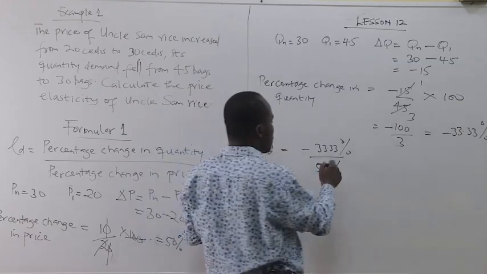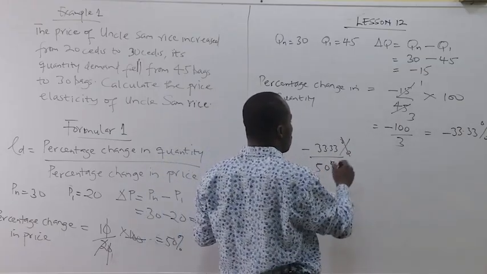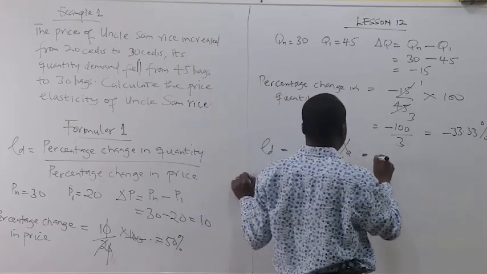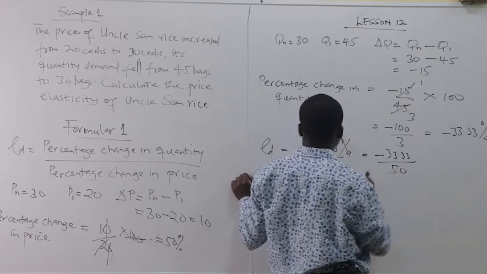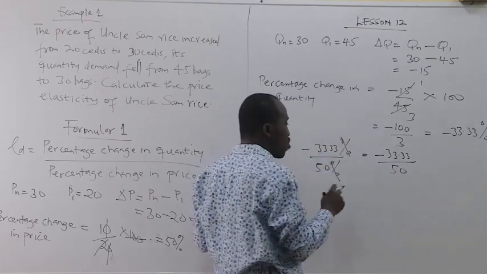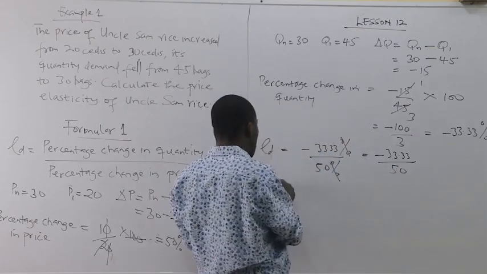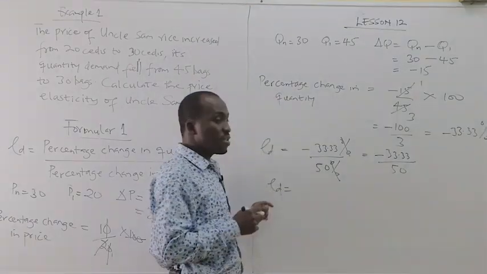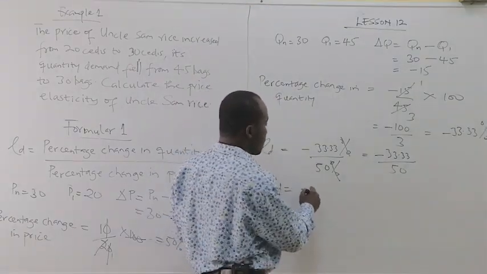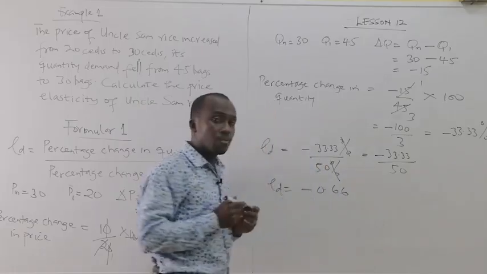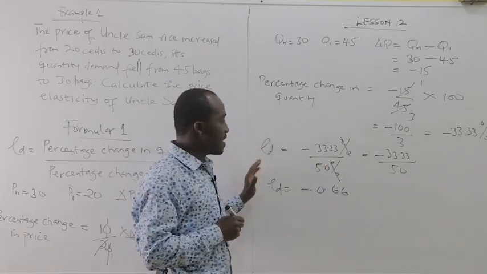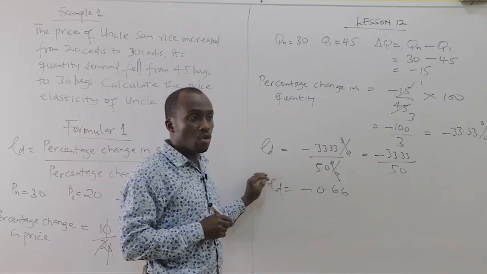So let's cancel the percentage. We have negative 33 over 50. You can use a calculator to punch it and let's see what you get. If you divide it, you're going to get 0.666.